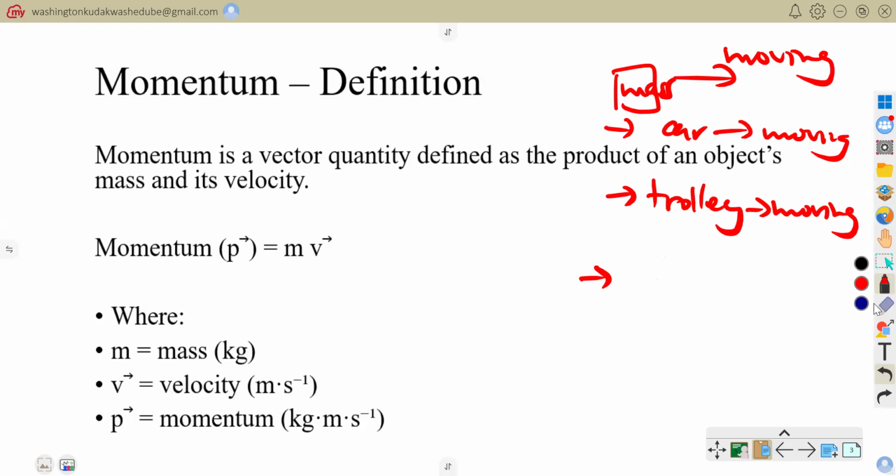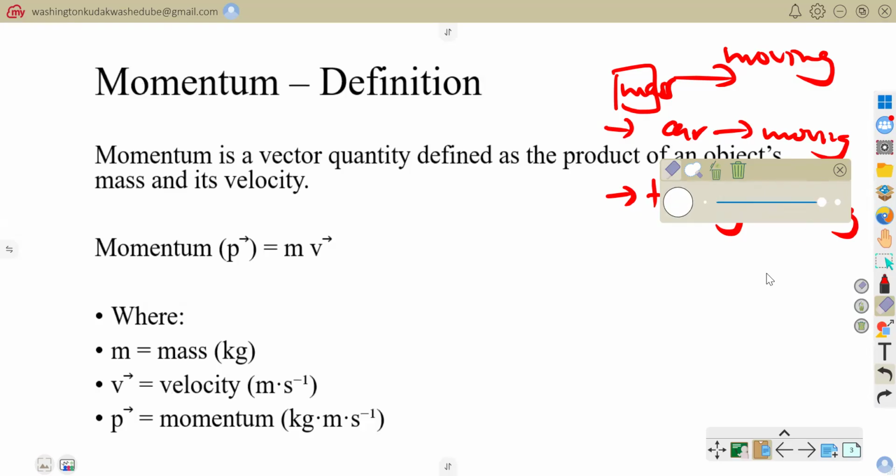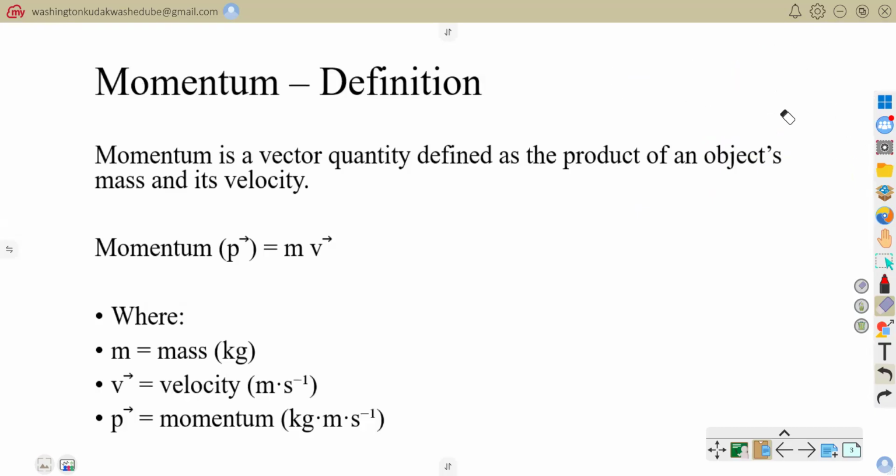So, what is it that we define momentum as? Momentum is what we refer to as mass in motion.